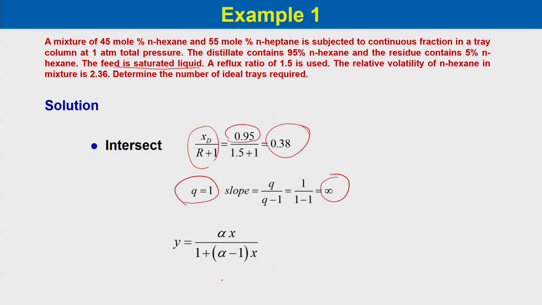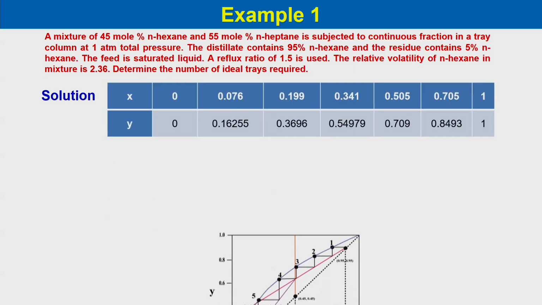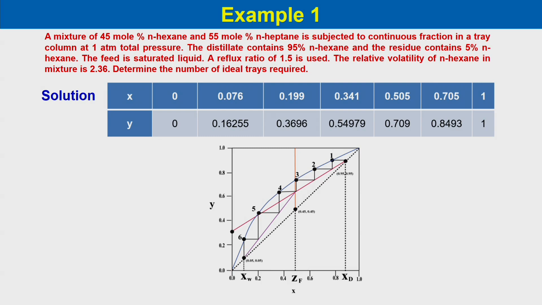The relative volatility equation we know: y is equal to alpha x divided by 1 plus alpha minus 1 into x. The relative volatility over here, alpha, is given as 2.36. If we substitute alpha, which is 2.36, this equation would be y is equal to 2.36 x divided by 1 plus 1.36 x.